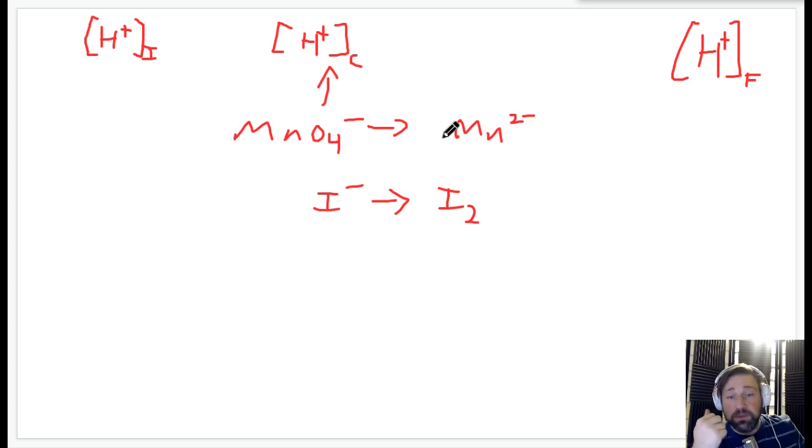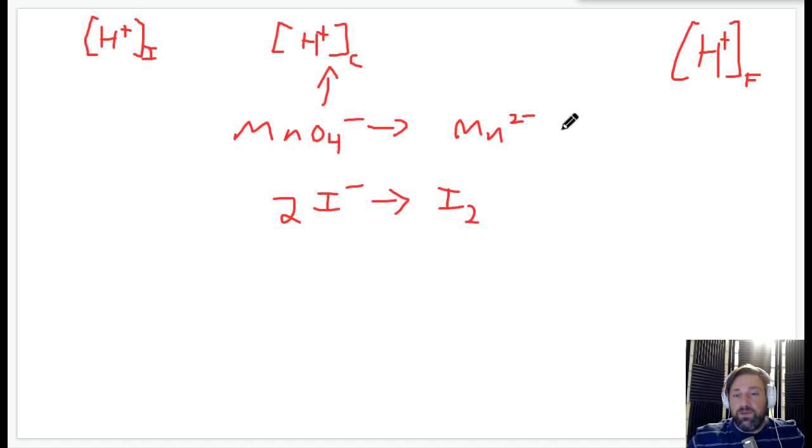Great. Step 2, balance everything but oxygen and hydrogen. Looking at the top one, no need to balance, 1 and 1 manganese. Here we're going to have to balance 2 I minus, 2 iodides, because we have I2. Next step, oxygens. Balance it by adding water to the other side.